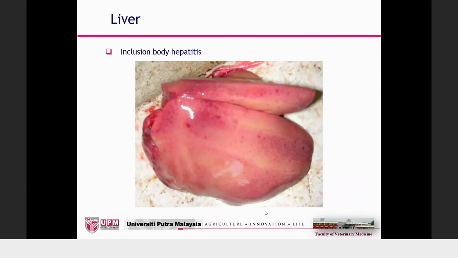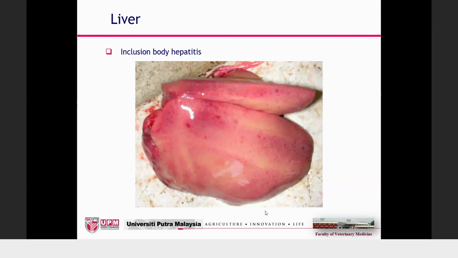That gives a yellow color. A case of infectious inclusion body hepatitis in the liver due to adenovirus infection. Yeah.